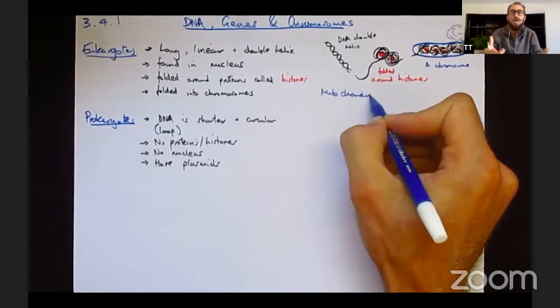This student was asking me, why can't I say introns? It's a valid answer to this question, and it would have been if it had been a eukaryote, but because the context of the question was a bacterium, it assumes you know that it therefore has no introns, and therefore there is no splicing that takes place. So you've got to be really on it every time you're analyzing that question: oh, this is a prokaryote, therefore this is what's going on.